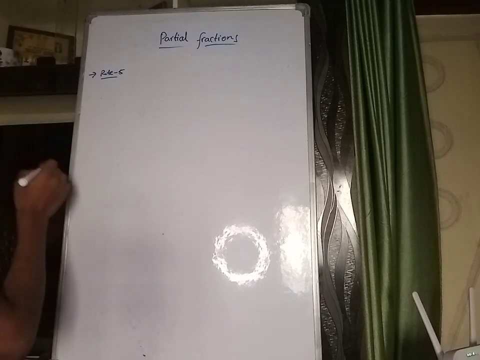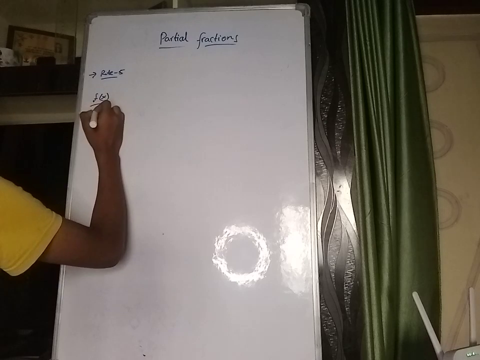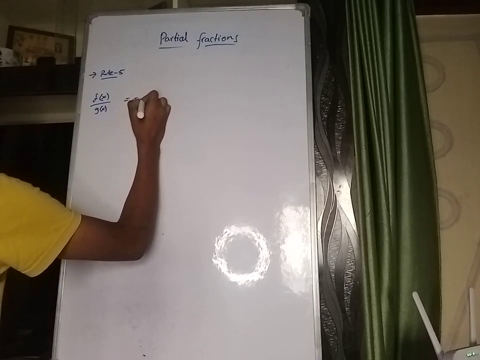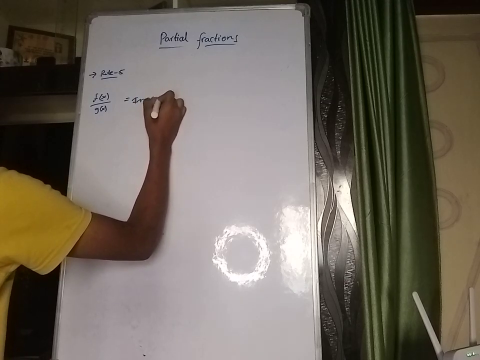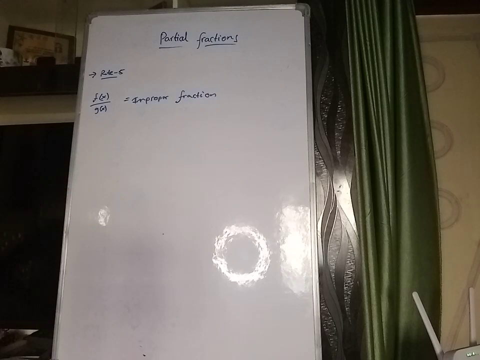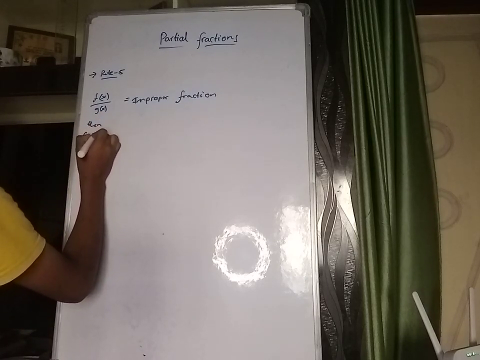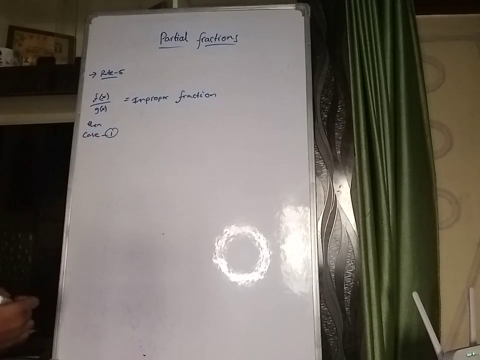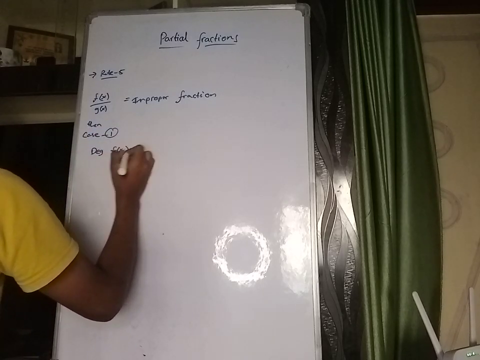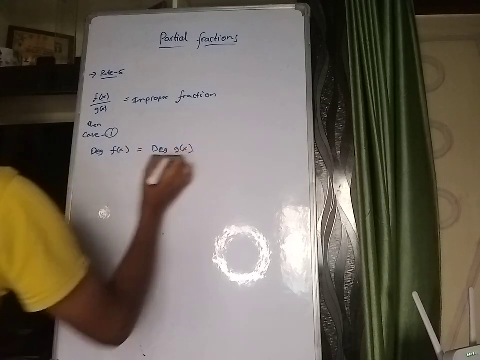Okay, so let f of x by g of x be an improper fraction. Then there are two cases. Case 1.